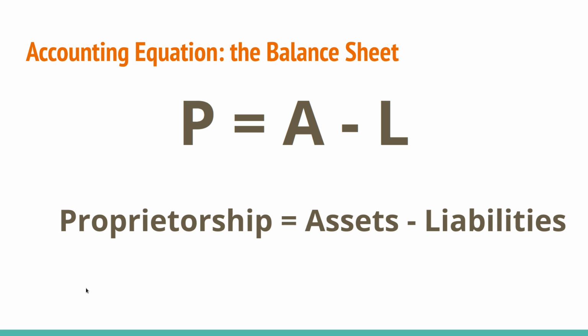It's the value of the business. And basically it's quite a simple equation. You've got some assets, what you own, and some liabilities, and that's what you owe. So in accounting terms, the difference between those two is your equity, or sometimes called proprietorship.